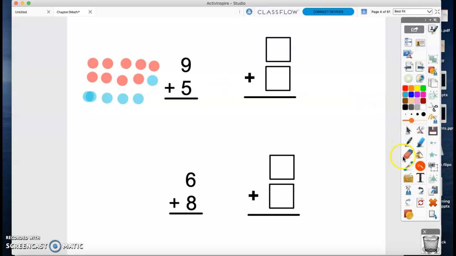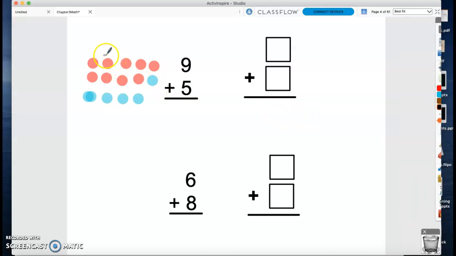And I see when I added them that I have a group of 10 right here, and I have some extras. So I have 10, 11, 12, 13, 14. So 9 plus 5 is 14.